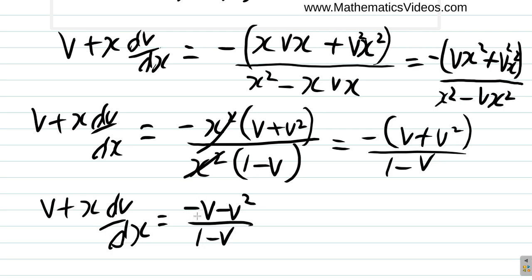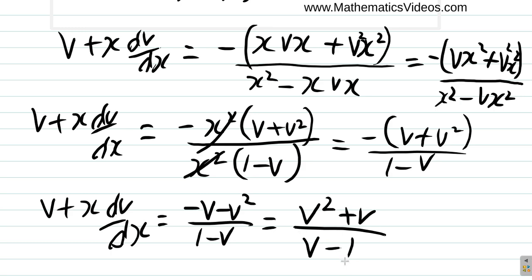Alright, instead of starting with a negative v up top, how about multiplying both numerator and denominator by negative 1 and putting the v squared part first? This would be a positive v squared plus v, right, over this negative v would become positive and this 1 would become negative.